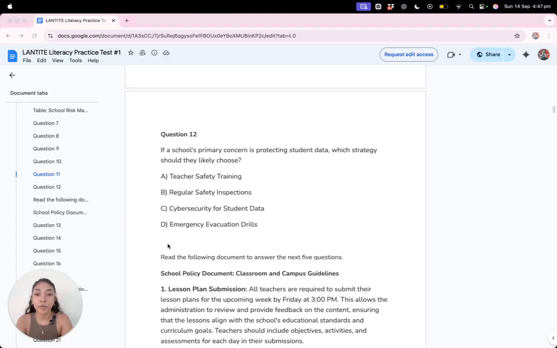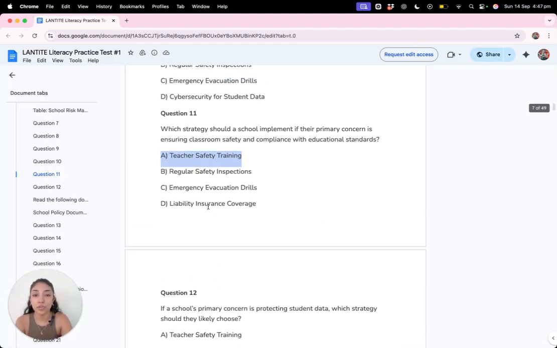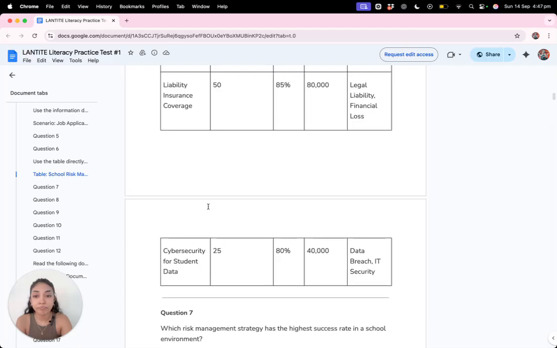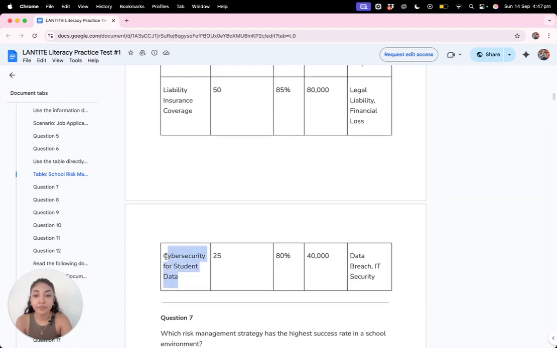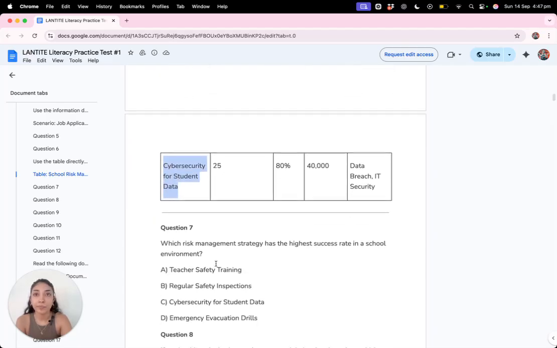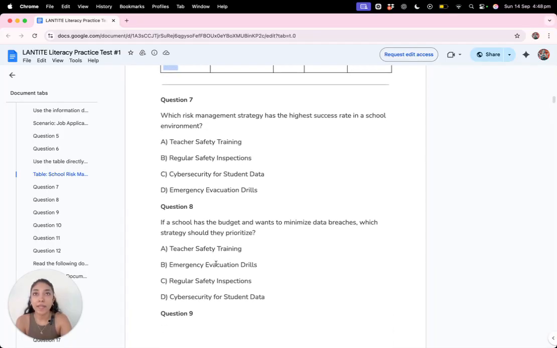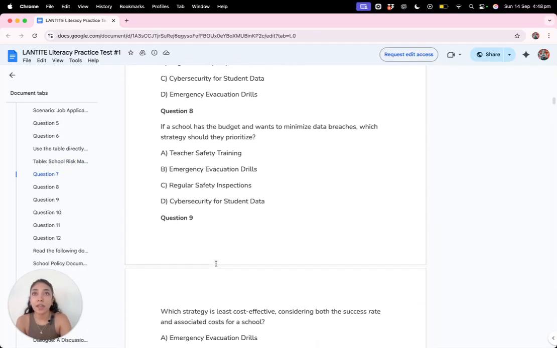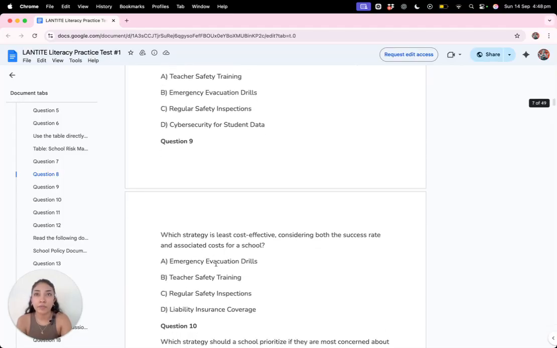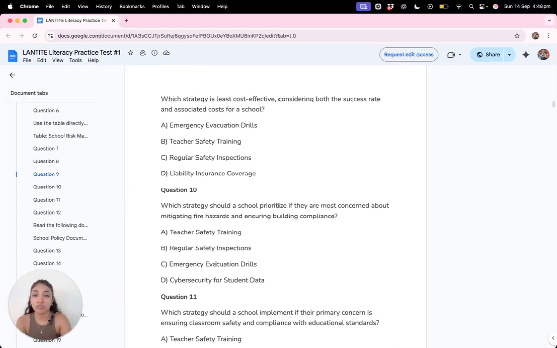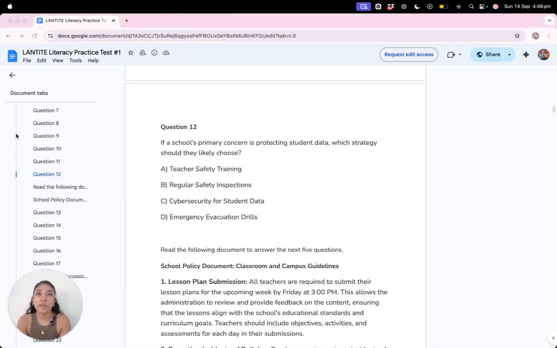So anything for protecting student data would be cybersecurity for student data. This one here. And that is to maintain and protect student data, and it's the most appropriate strategy for protecting IT and student data. And it also fits within a medium budget at 40,000.